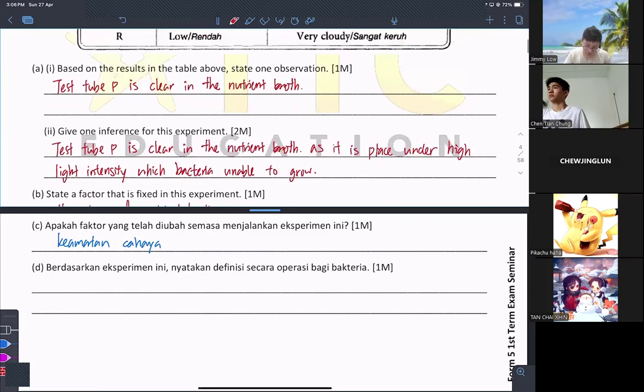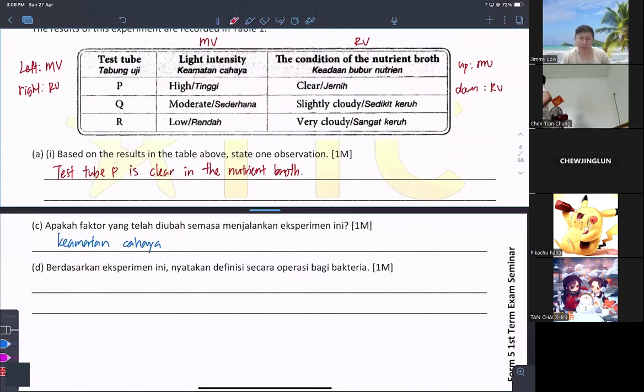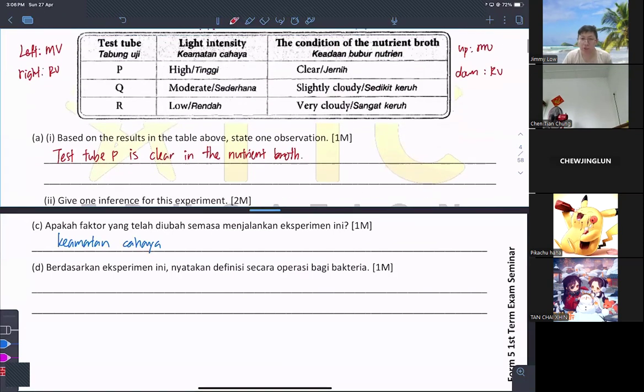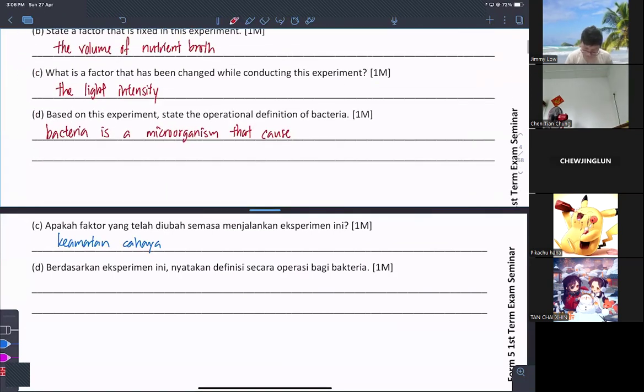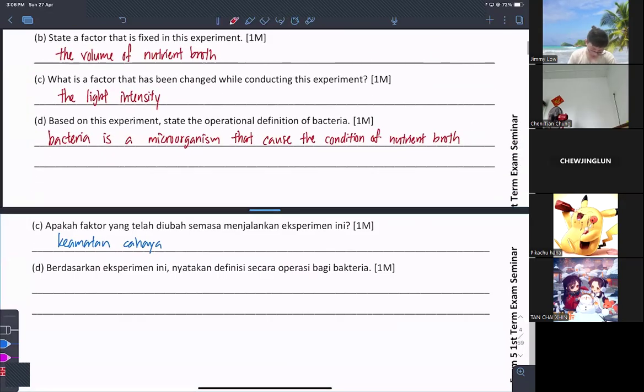What is your observation? Look back into your table. Which one shows that you have bacteria? Very cloudy, right? Very cloudy indicates that you have bacteria. So you say that cause the condition of nutrient broth, very cloudy.